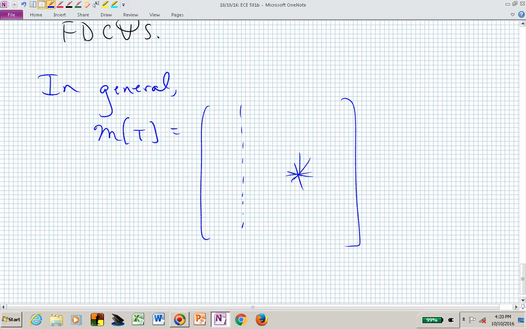What's the first element doing, let's say A11? That's now weighting the first basis vector in our set of basis vectors. What's A21 doing? So we have A11 times V1, plus A21 times V2.